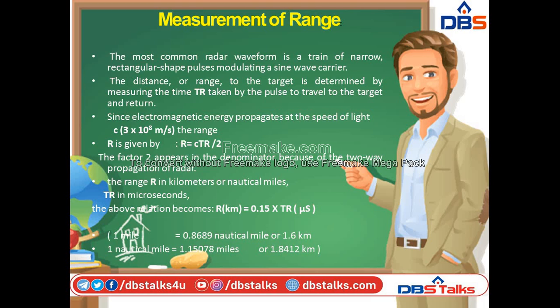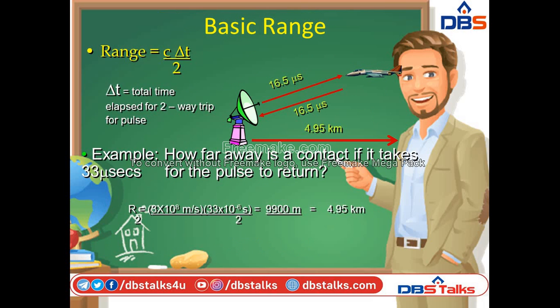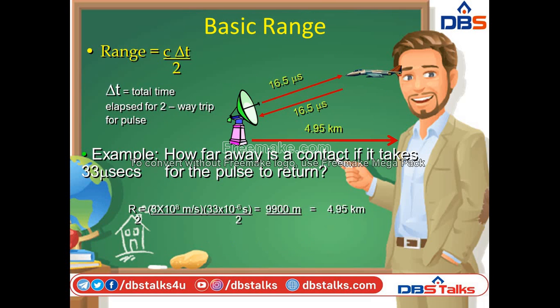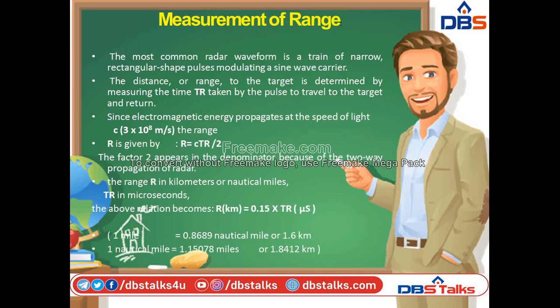Since the electromagnetic energy propagates at the speed of light, as I have already told you in this example, C is nothing but the velocity of light, that is 3 into 10 to the power of 8 meters per second. So the range R is given by C into TR by 2. That means TR is nothing but delta T here.